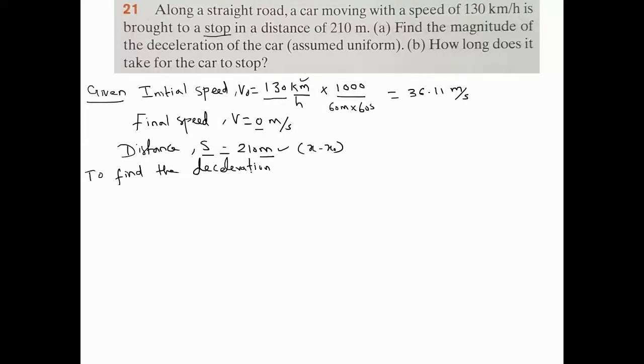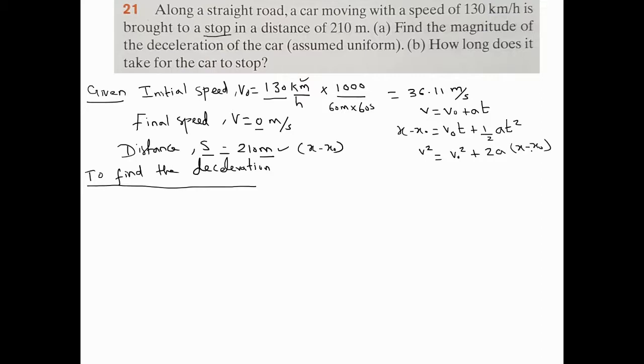I have to choose the equation because we have 5 equations. What are the 5 equations? V equal to V0 plus at. x minus x naught equal to V0 t plus half at square. Third equation, v square equal to v0 square plus 2 into a into x minus x naught.